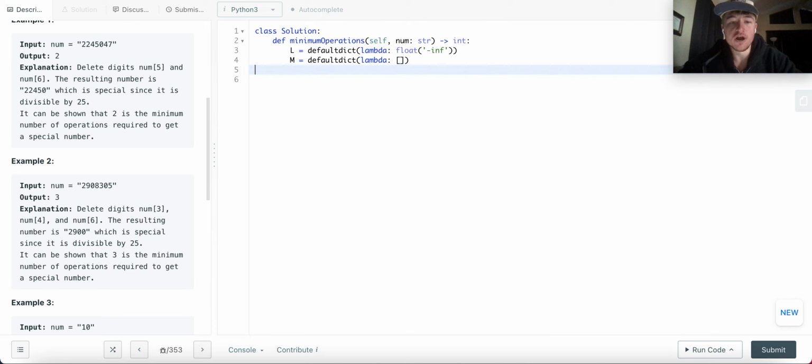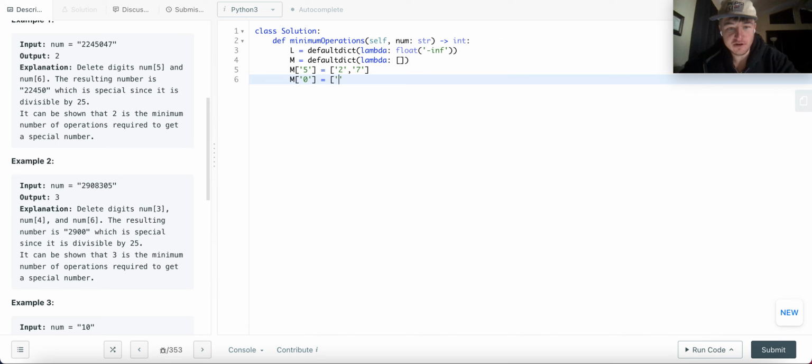So what are our pairs that have matches? Well, the matches for 5 are what? I can put 2 or I can put 5. Now notice I'm not just putting 2 or 5 alone, because we're dealing with strings here, so we're going to try to keep everything as a string. What are our matches for 0? If 0 is the last number, then it could either be 75 or 25.